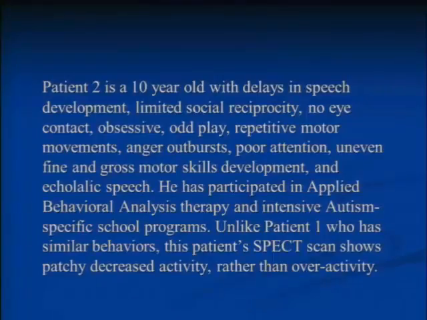10-year-old boy with delays in speech, limited social reciprocity, no eye contact, obsessive, anger outbursts, poor attention, etc. Same phenotype. Same outward behavior. He's participated in ABA therapy. He's had intensive school programs. Unlike patient 1, though, his scan shows patchy decreased activity, not overactivity.